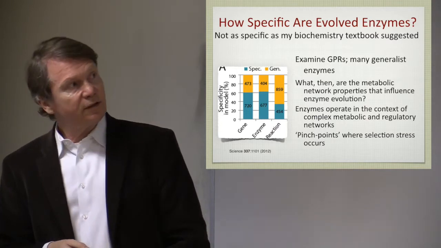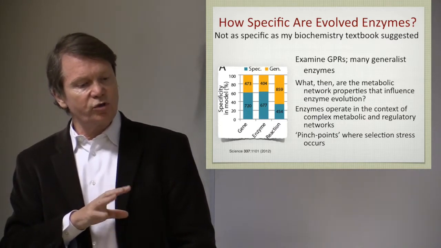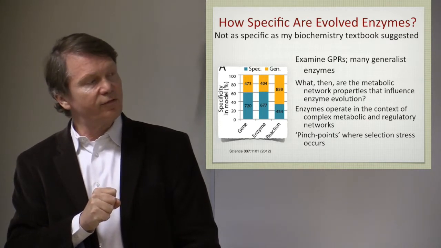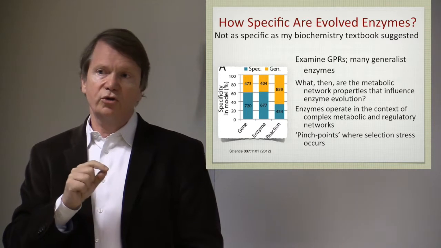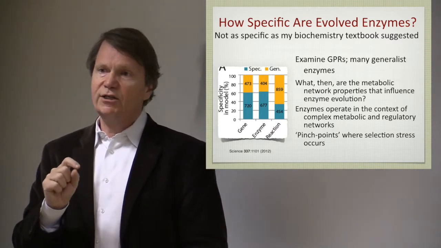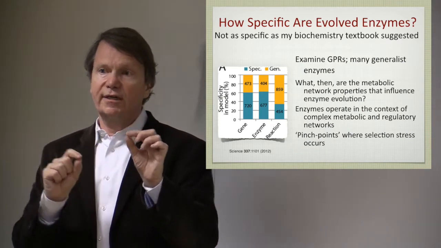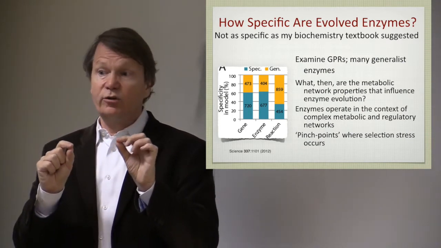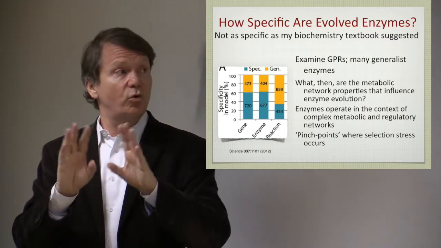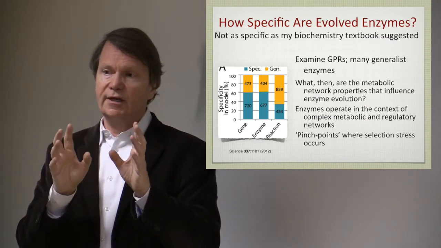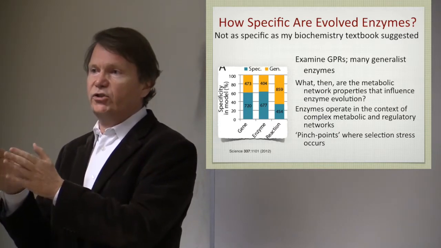And it turns out that if you study multiple different data sets, regulatory shifts, and a large number of disparate data types, you come to the conclusion that the enzymes that are highly specific and efficient are at certain pinch points in the metabolic network. And they tend to be under selection pressure. So to get the whole network to be very efficient to support growth or some other properties, those enzymes become very specific and very efficient.